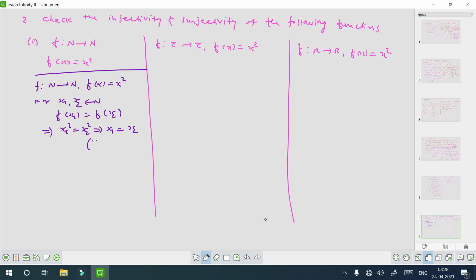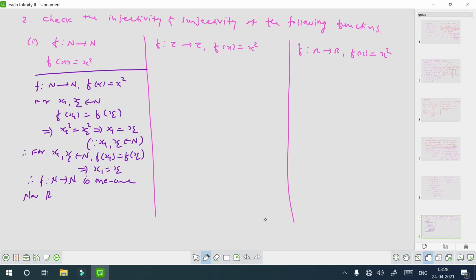Why? Because x1, x2 belongs to N, they are positive natural numbers, so they remain the same. And therefore f from N to N is 1-1.